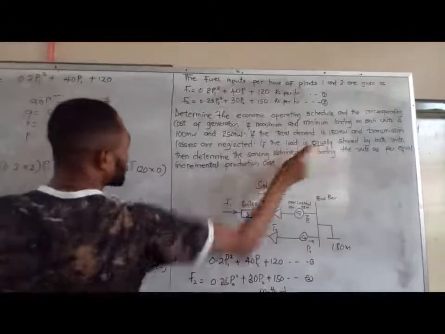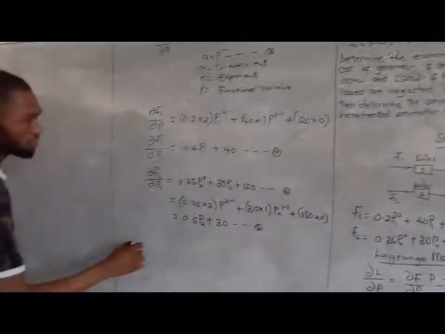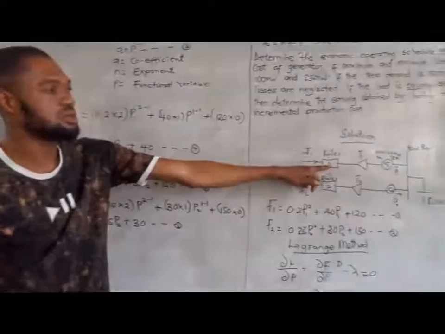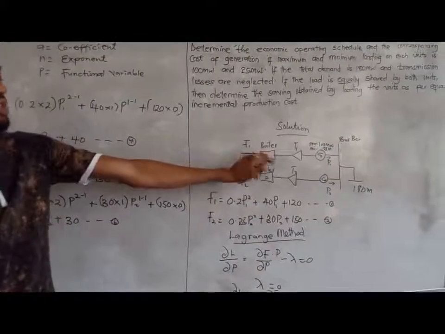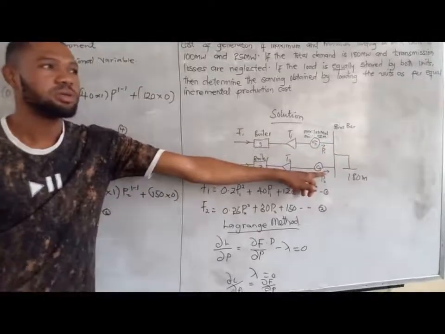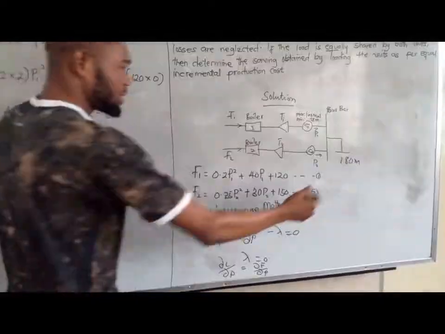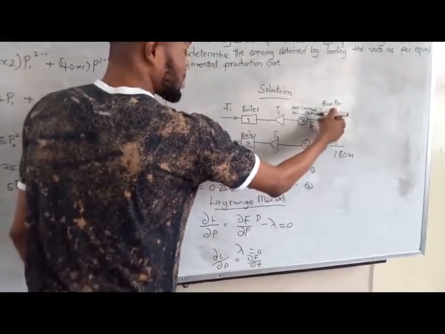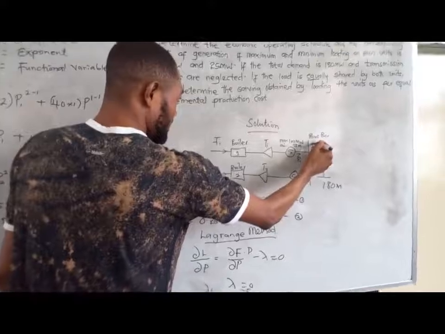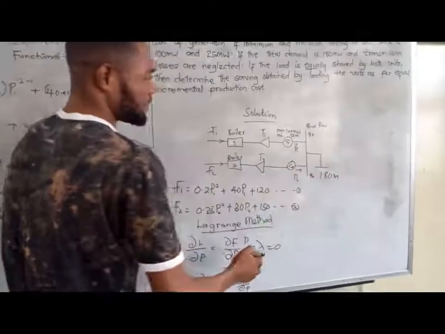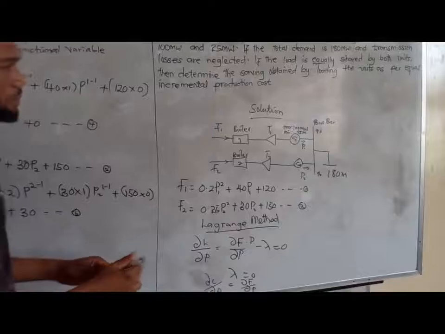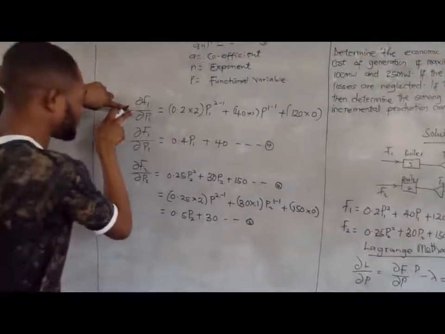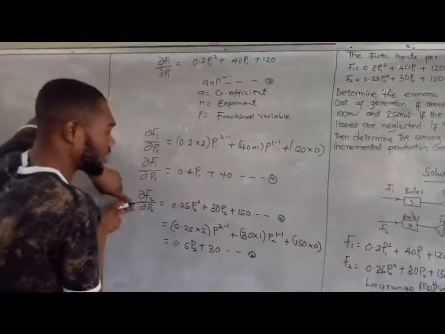Now the question says that if the load is shared equally, it means generator 1 must make sure that its generation is equal to generator 2. Because if the load here is 180, we're expecting this one to produce 90 and this one should also produce 90. That means the load has been shared equally. So the incremental cost of generator 1 should be equal to that of generator 2.